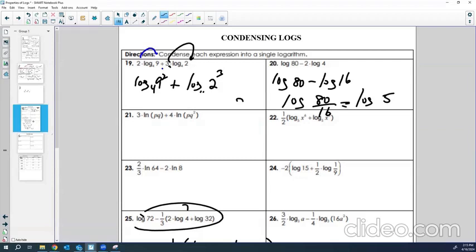Should I do one more of these before we go to expand? Okay, let's do one more of these. I want you guys to try one more of these. Try number 24. And then we're going to go into that last section.